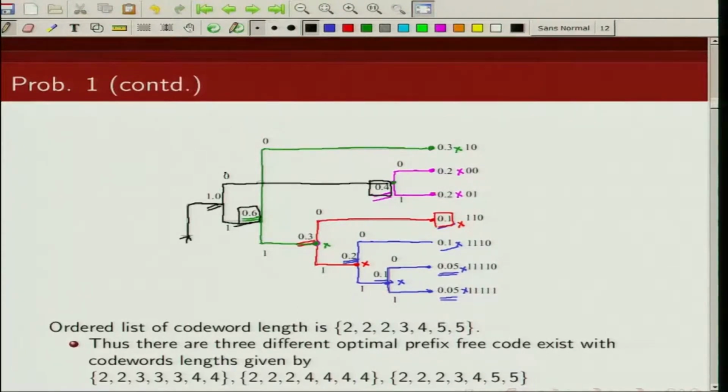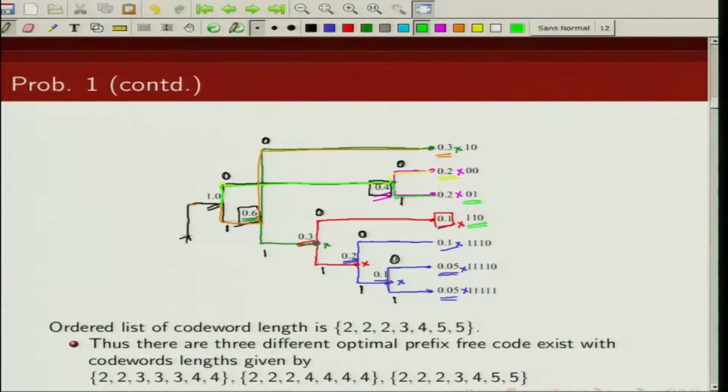And finally, as I said, I am going to assign zeros and ones to these branches. 0, 1, 0, 1, 0, 1. Now you can see the code word for this is 1, 0. Code word for this particular symbol is 0, 0. Code word for this is 0, 1.